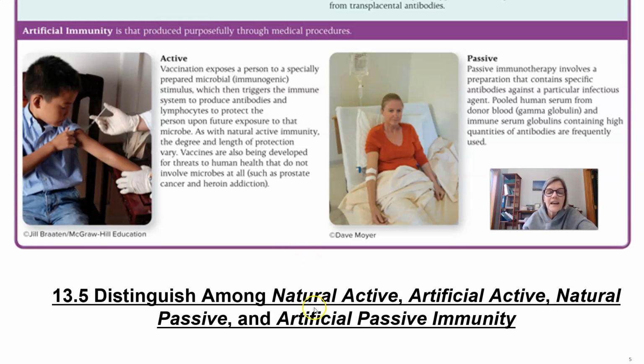So look at that: natural active immunity is natural exposure to a pathogen, getting sick; artificial active, getting a vaccine; natural passive, breastfeeding or getting antibodies while in utero; and artificial passive is going to be giving somebody antibodies from someone else to fight an illness.